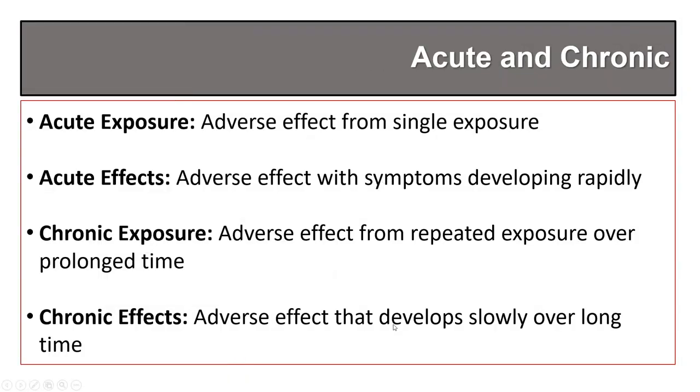But you should know the distinction between acute and chronic, whether it's relative to exposure, short-term, single exposures versus chronic exposure, whether you're drinking contaminated water day after day, week after week, month after month, or inhaling contaminated air day after day, week after week, etc., versus just a single or a few exposures.